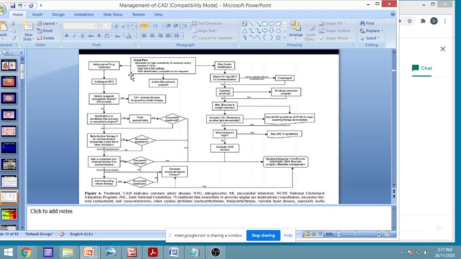We have seen the risk factors: smoking, alcohol, sedentary lifestyle, high lipid levels. Try to control these. Then add aspirin 81 milligram once a day, if it is not contraindicated, if there are no gastric ulcers or bronchial asthma where aspirin is not given. If it is a problem, then go for clopidogrel.